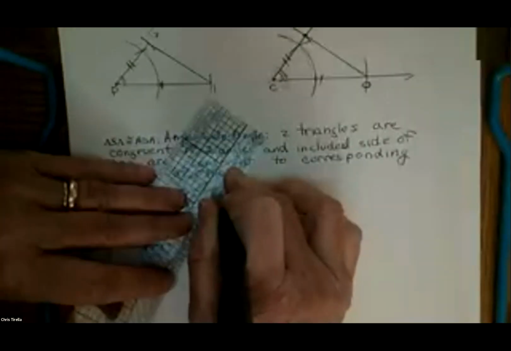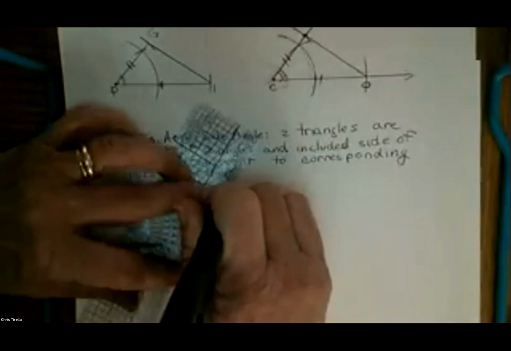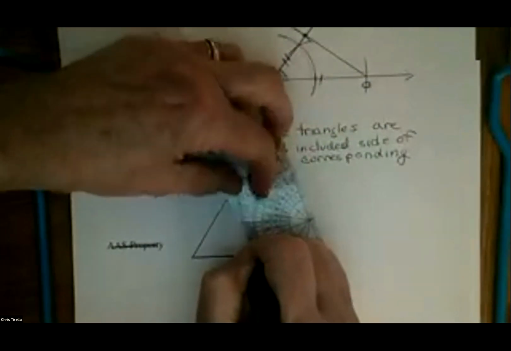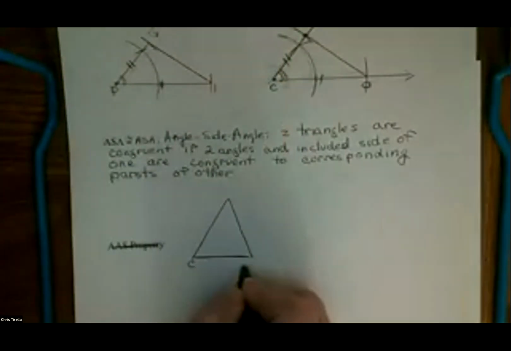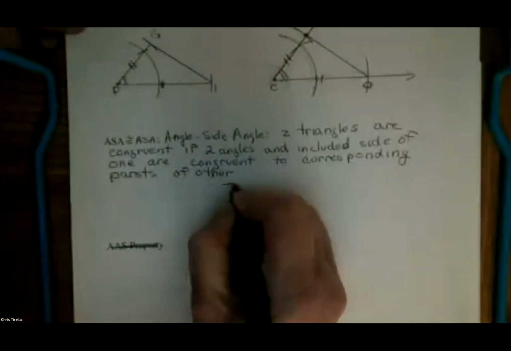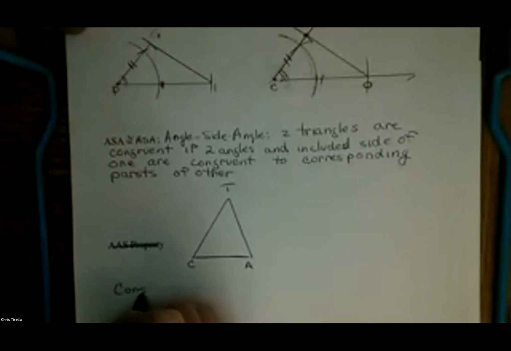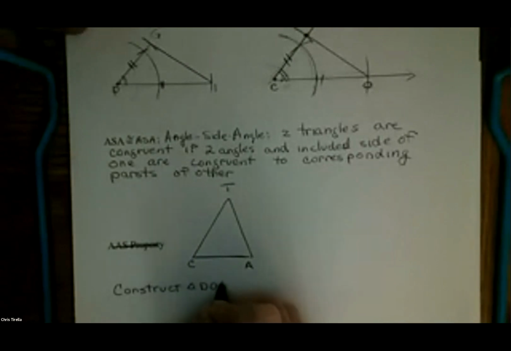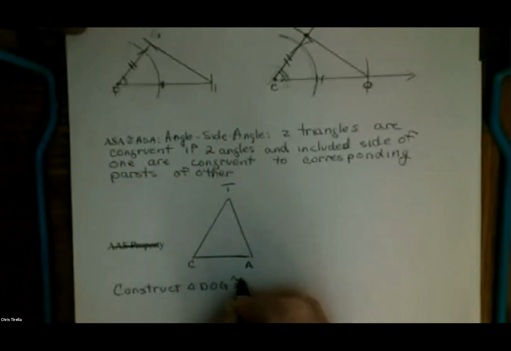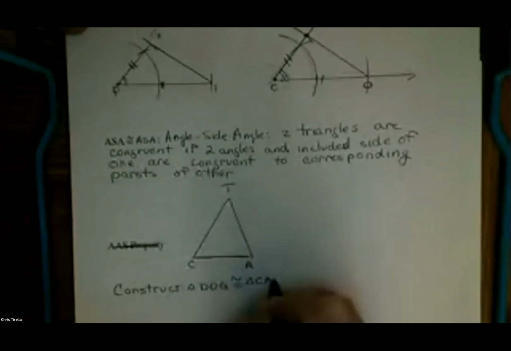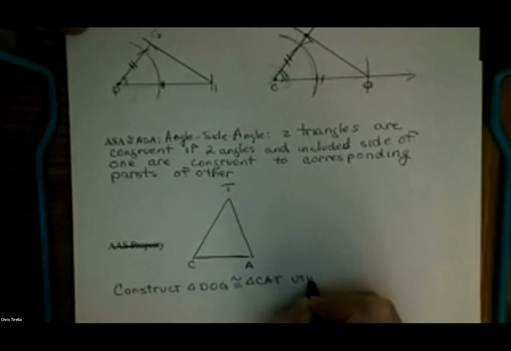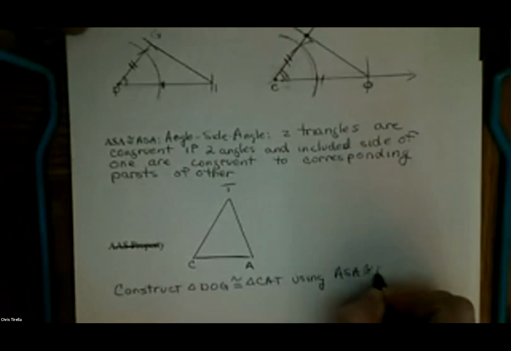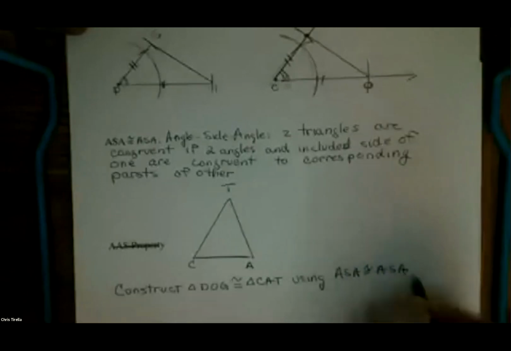And let's call this triangle CAT, and let's construct triangle DOG congruent to triangle CAT using angle, side, angle, congruent to angle, side, angle.